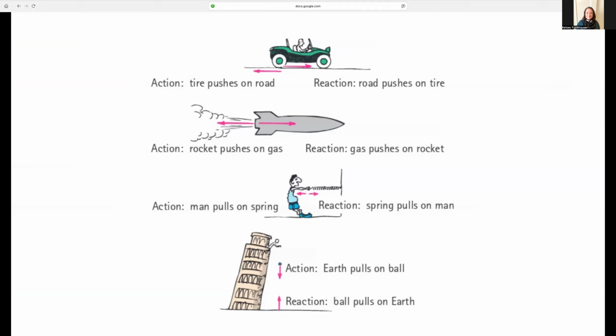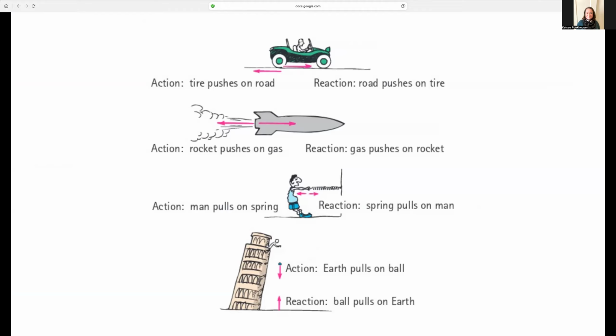So here are some examples. We have a car driving. The tire pushes on the road and the road pushes back on the tire, and that's what pushes the car forward. We have a rocket pushing out gas, and that ends up with the gas pushing the rocket forward, launching the rocket.